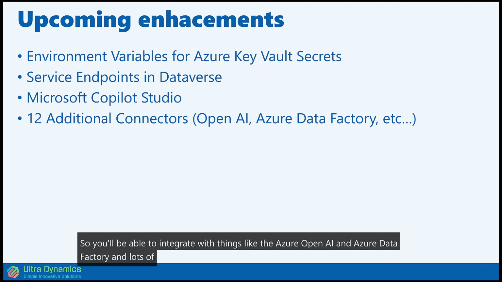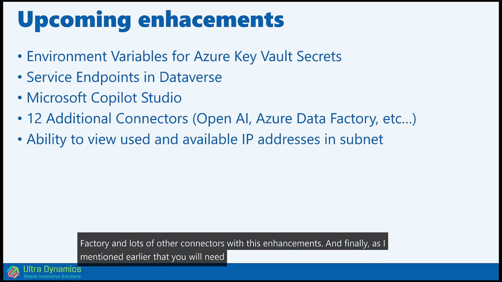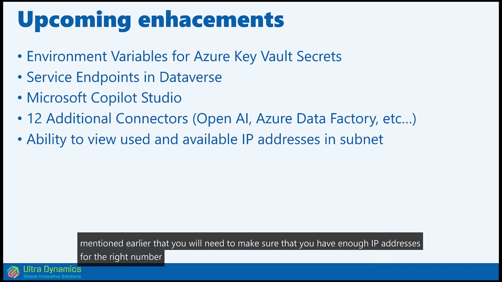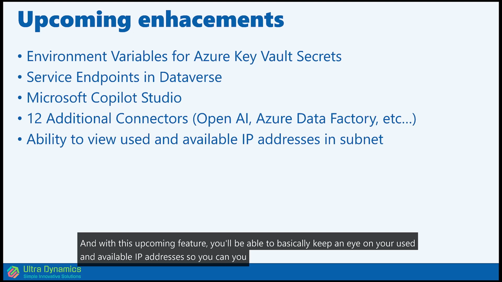And finally, as I mentioned earlier, you will need to make sure that you have enough IP addresses for the right number of environments that are linked to your subnets. With this upcoming feature, you'll be able to basically keep an eye on your used and available IP addresses so you can make any adjustments before things go wrong.